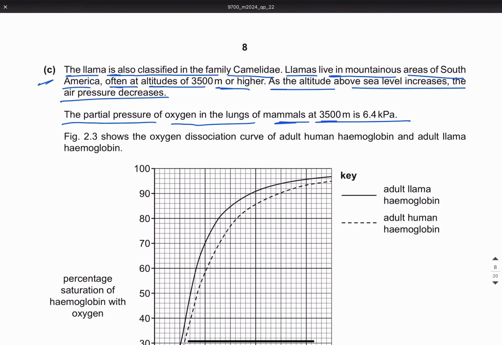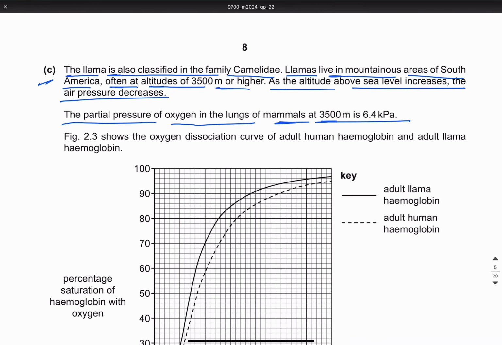So if animals are living at high altitudes, their hemoglobin will have a higher affinity for oxygen because the partial pressure of oxygen is very low at high altitudes. Are you getting my point? I'm repeating this again, the animals which are living at high altitudes, because there is a lower partial pressure of oxygen, in these animals hemoglobin has a higher affinity for oxygen.